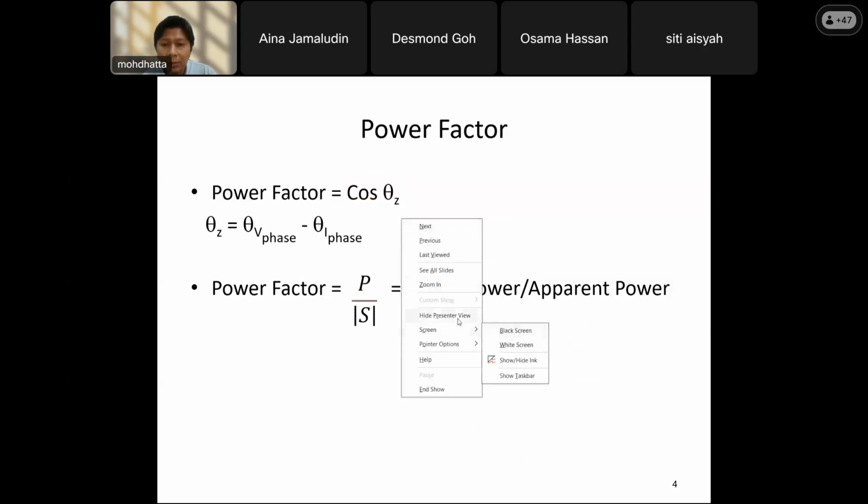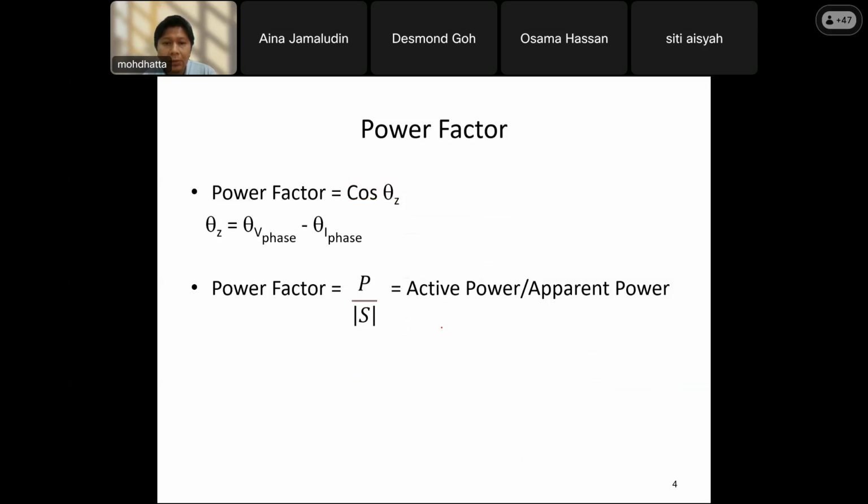Again, theta Z is defined as the difference between the angle of voltage and the angle of current. You cannot put it the other way around.